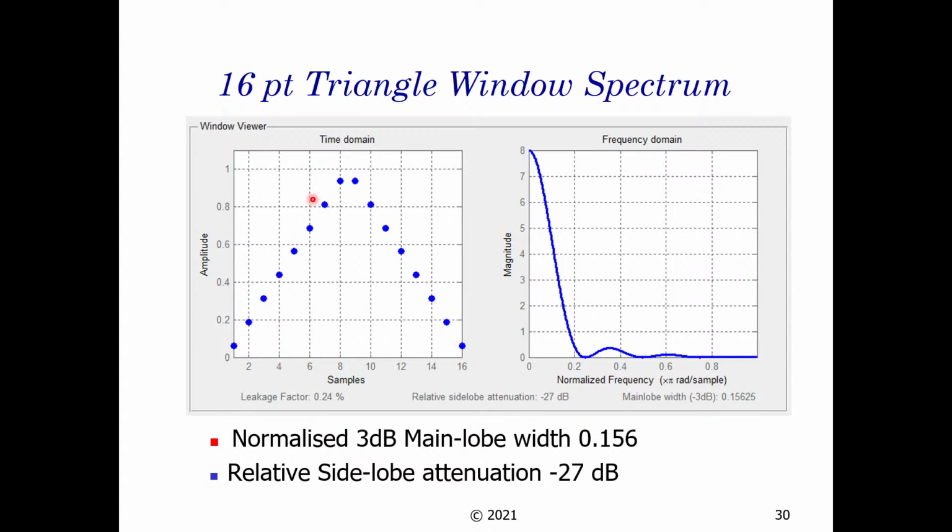When we transform this, so we're going to watch a 16-point here, and we transform this into the frequency domain, you can see here that the centralized frequency maintains a magnitude as close to 1 as possible, but the side lobe frequencies here are heavily attenuated.